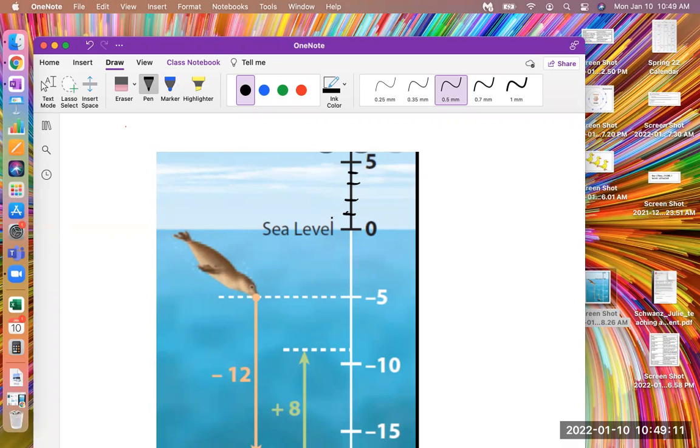Something else really important to recognize is that if I move down 5 spaces, so I'm at -5, and then I go 5 spaces back up, adding +5, then I get 0, because every negative and every positive cancel each other since they're opposites.